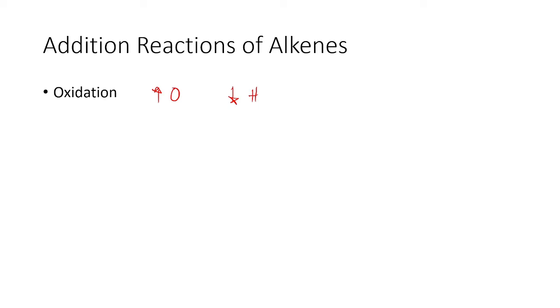So one of the oxidations that can be done on our alkene is what we call the hydroxylation of alkenes. By hydroxylation, we will be adding what we call hydroxyl. Due to the addition of hydroxyl, we will have oxidation since we added oxygen.